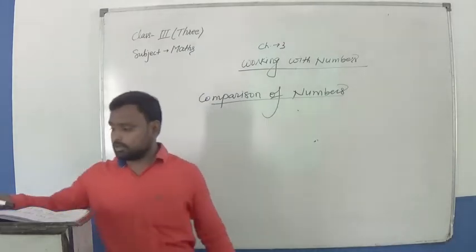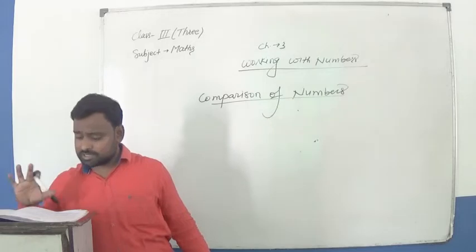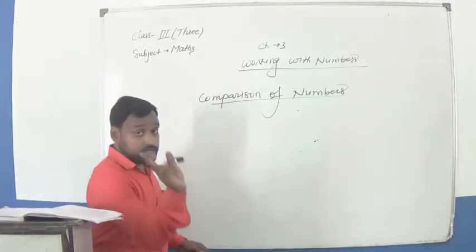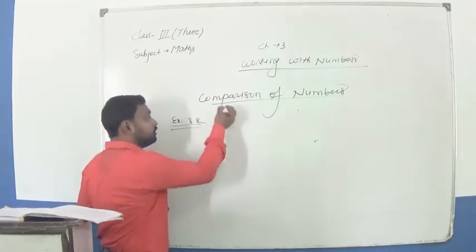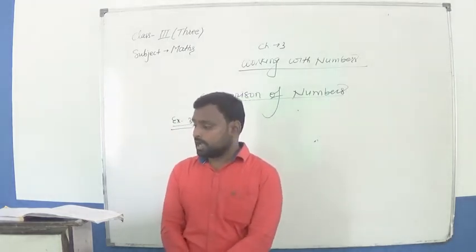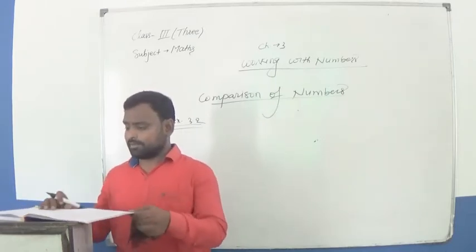Got it? Now the next topic we have to discuss is on this comparison of numbers, and you have exercise 3.2. There are 3 or 4 questions in this exercise, and you can easily solve it.